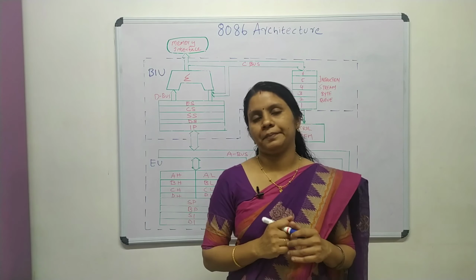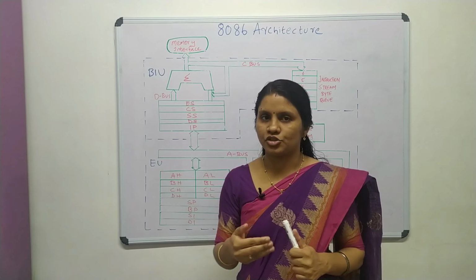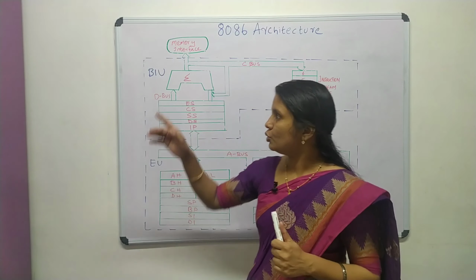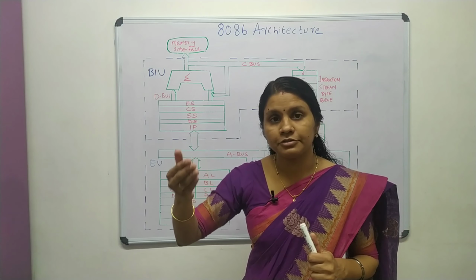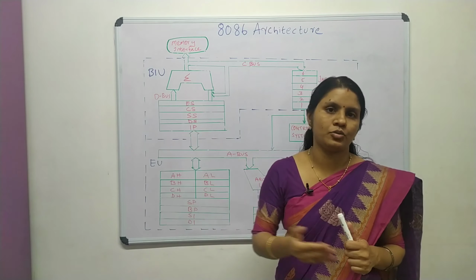The upper unit, that is BIU, will fetch the instruction from the memory and pass it to the execution unit. While the execution unit is executing that instruction, the BIU will fetch the next instruction in advance.